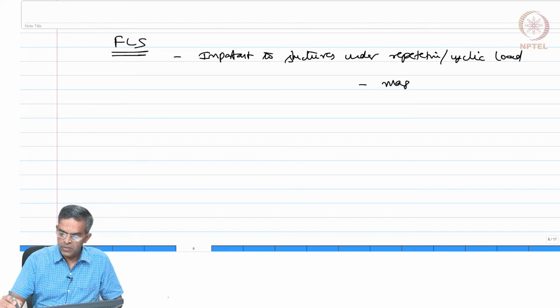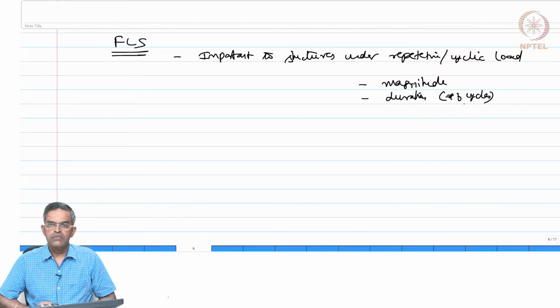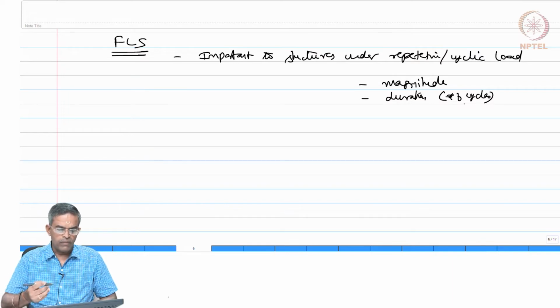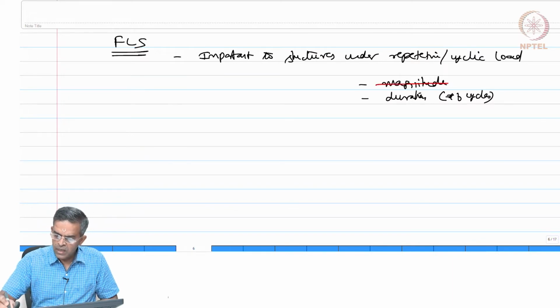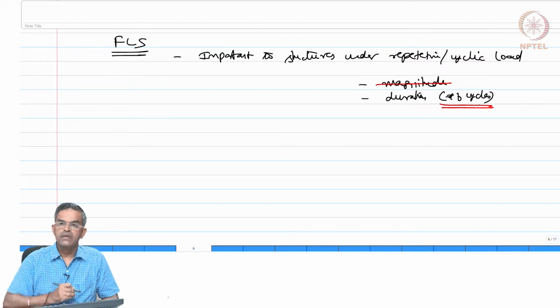One is the magnitude, other is the duration, or I should say number of cycles. So, in cyclic load, which may lead to a fatigue failure, magnitude is not that important. Even lower magnitude loads at a large number of cycles can cause fatigue. Okay. So, the magnitude is of course a criterion, but that is not the governing criterion for fatigue failure.